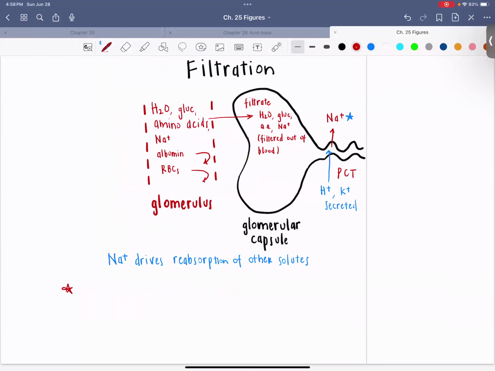Another key concept you should understand is that the filtrate has the same composition as the blood, with two important exceptions.